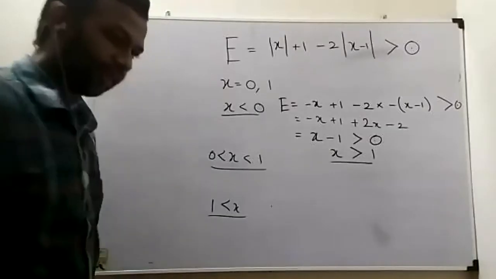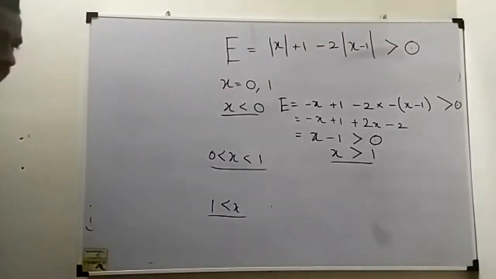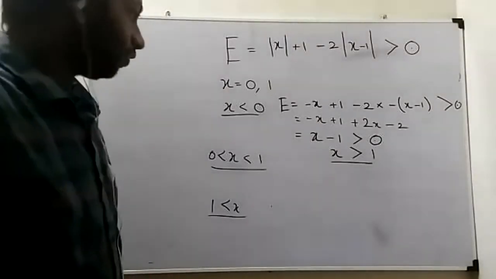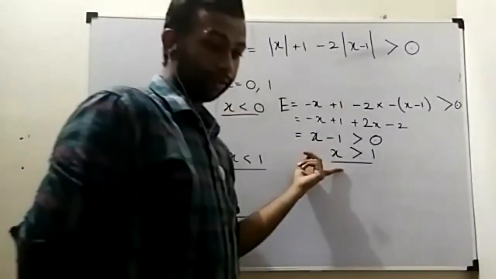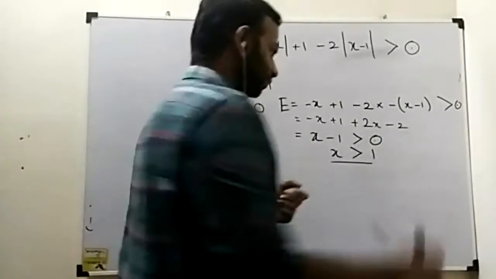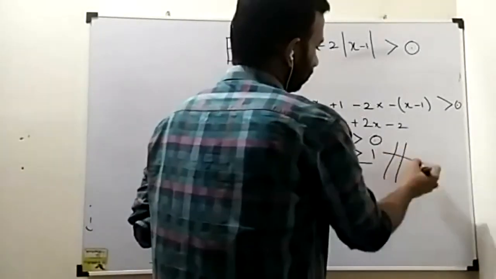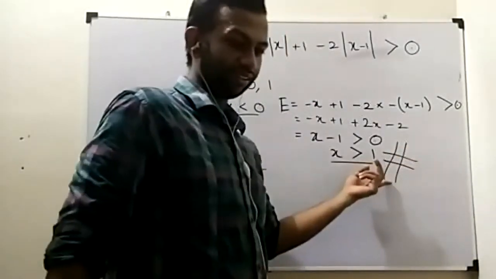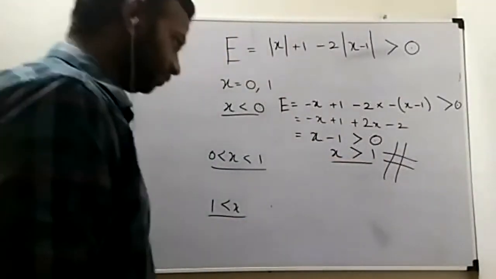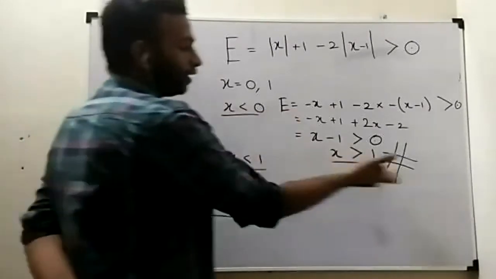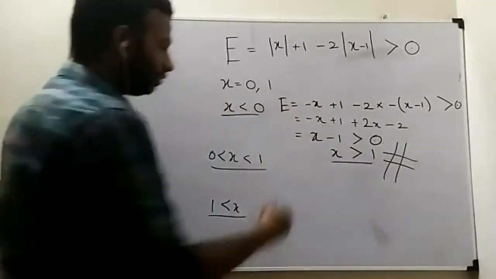But can this happen? We already said x is less than 0. If x is less than 0, how can x be greater than 1? So this is a contradiction. This is sometimes the simple use of contradiction. This can't happen, so we can ignore this case because x cannot be less than 0 and greater than 1 at the same time.